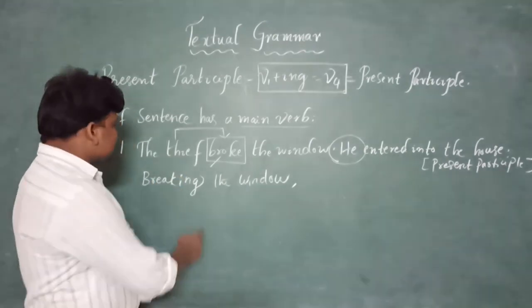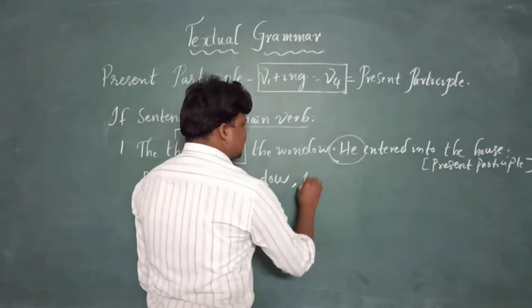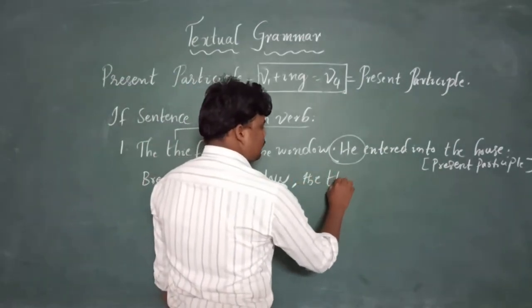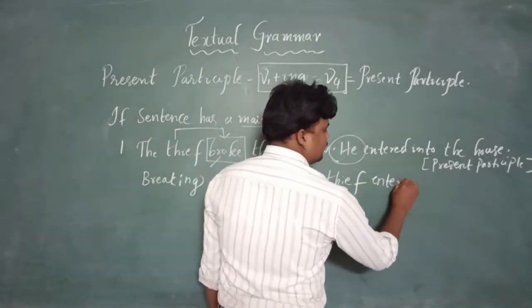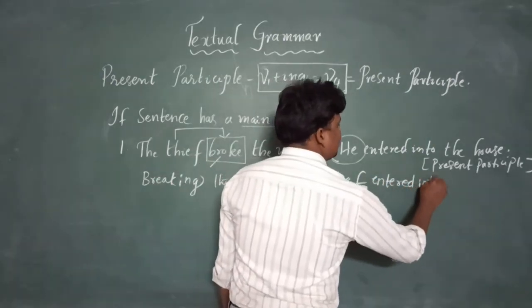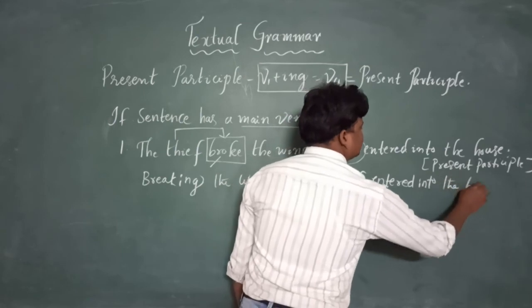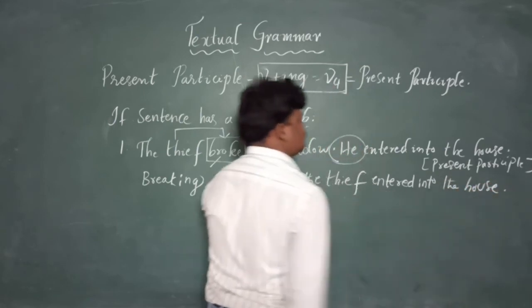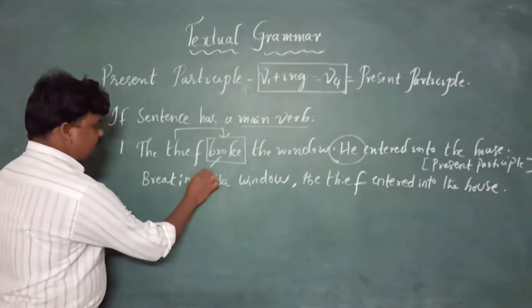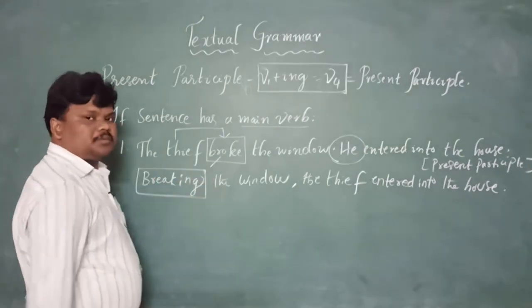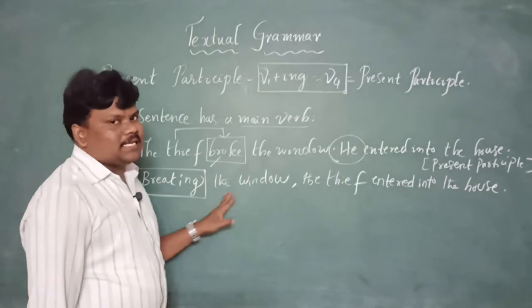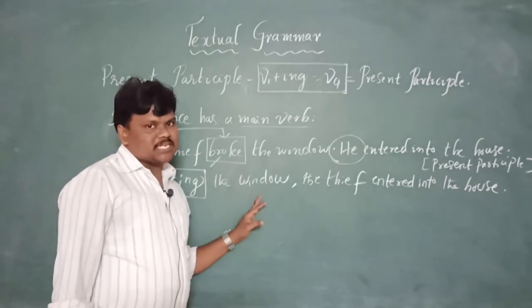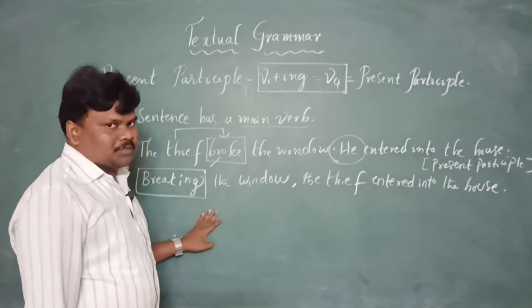Breaking the window, the thief entered into the house. See, breaking is the present participle. Very simple, my dears, and this one I taught you last time, and again I remind you.